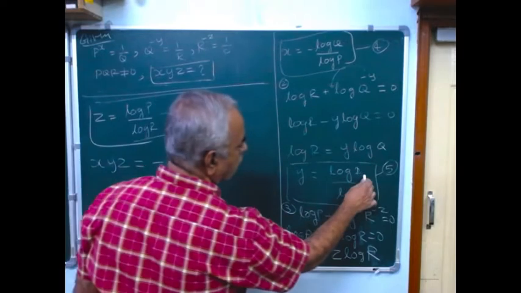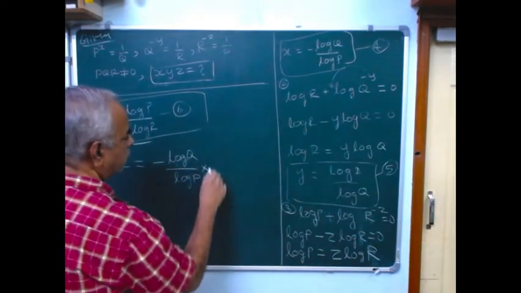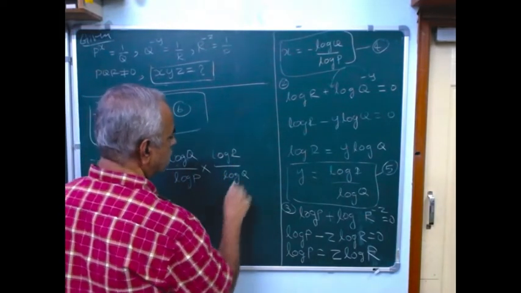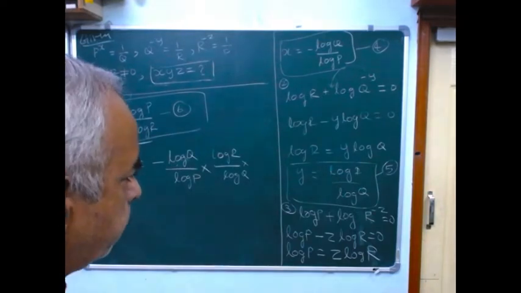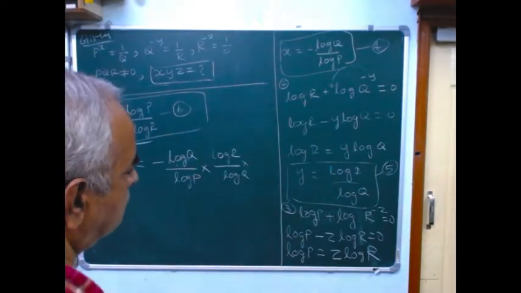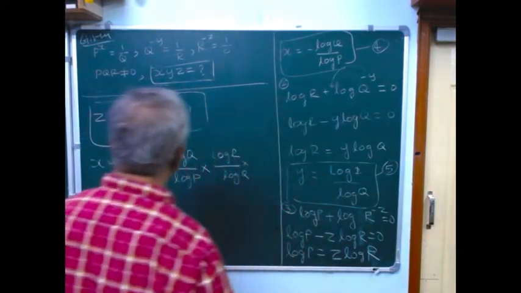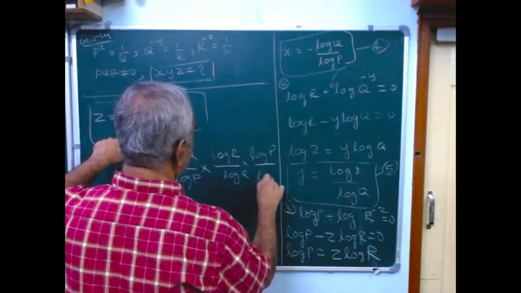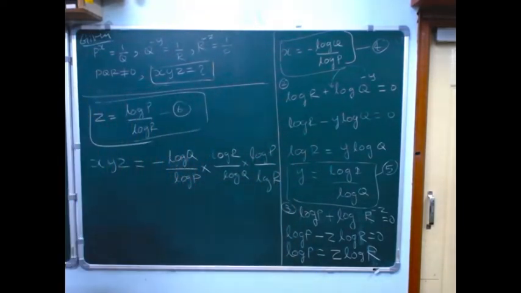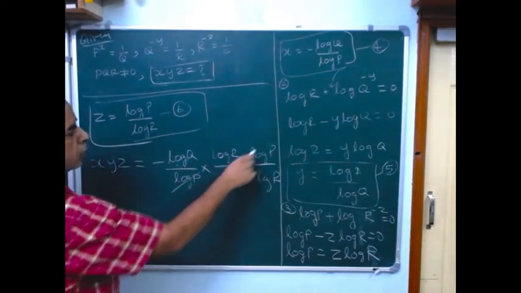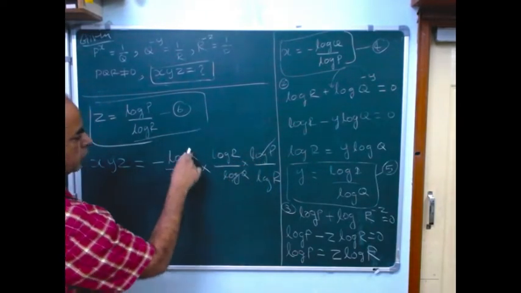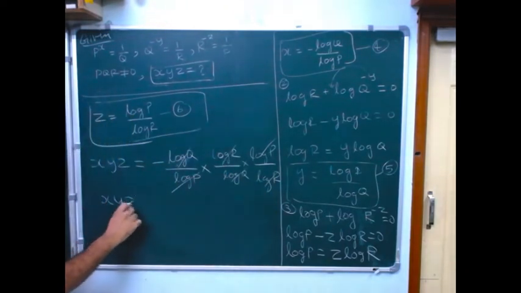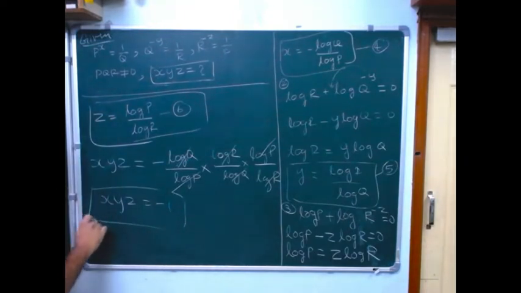Log r divided by log q, into, and this one, that is z, log p divided by log r. Okay. Now you can cancel log p, log p, log q, log q, log r, log r. So xyz is equal to minus 1. Okay.